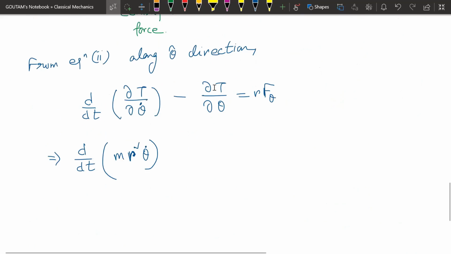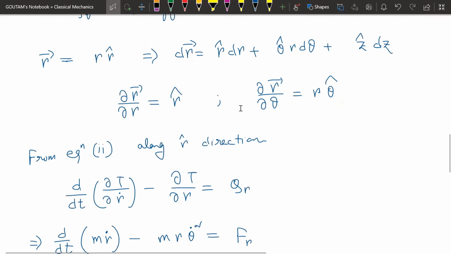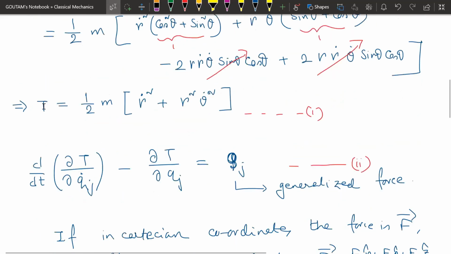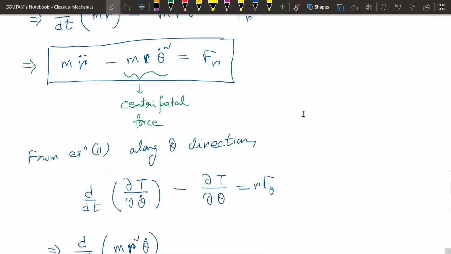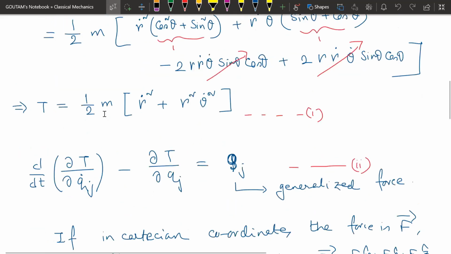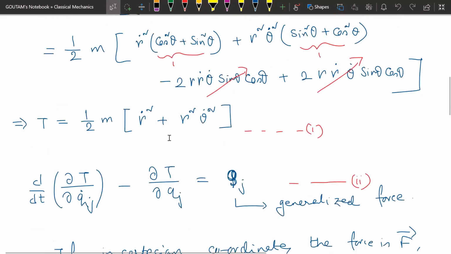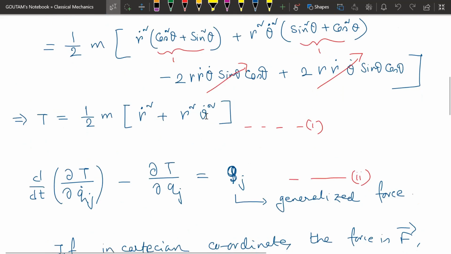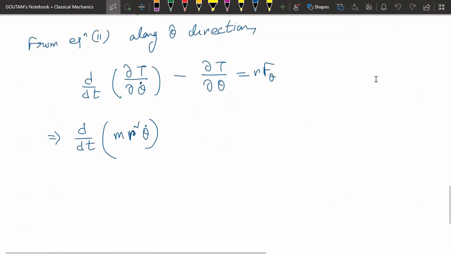And minus del T del theta. If you look at equation 1, there is no dependence of theta in the kinetic energy, so del T del theta will be 0. And we have this r F_theta. Now, what is m r squared theta dot?